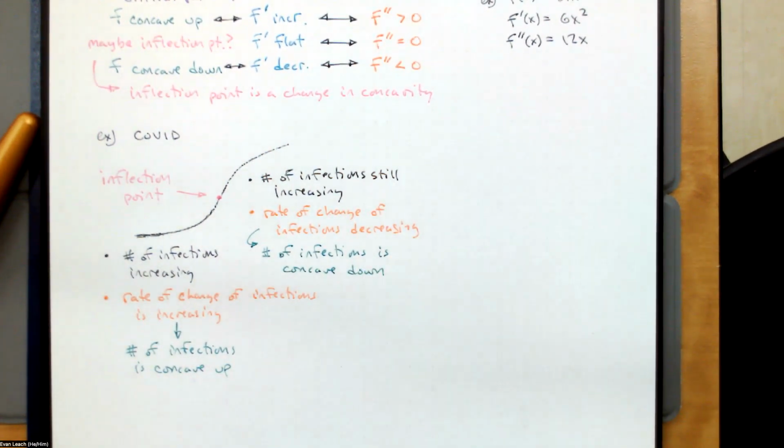The number of infections is still rising, but it's increasing at a decreasing rate. The rate of infection is slowing down. Before the inflection point, the rate of infection is speeding up. After the inflection point, the rate of infection is slowing down.